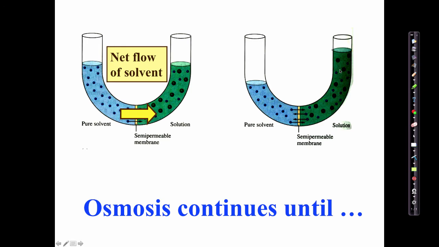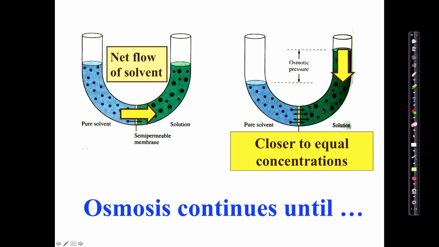And what's then going to happen is the solution, because it's higher in the U-tube, is going to exert a pressure, and that pressure is going to resist further net flow of pure solvent into the solution. And at some point, this pressure, which we call osmotic pressure, is enough to stop the net flow.